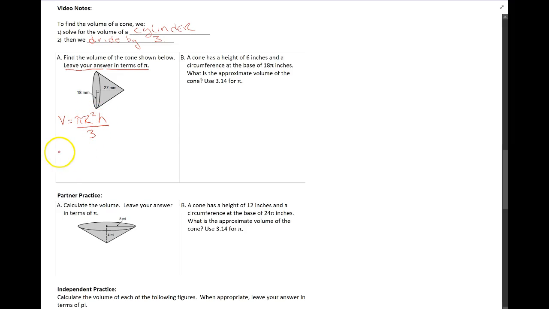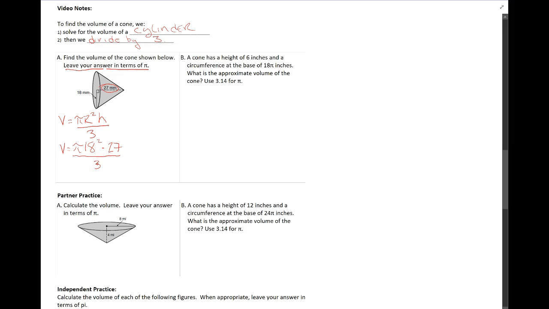I'm going to plug in the things that I know so far. Volume is equal to pi. Pi is always pi. The radius in this case is 18 squared times 27, because I see that is the height of this whole thing. If I were to tip it over, that would be the height. And then I divide this whole thing by 3.